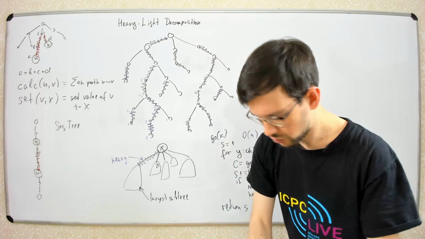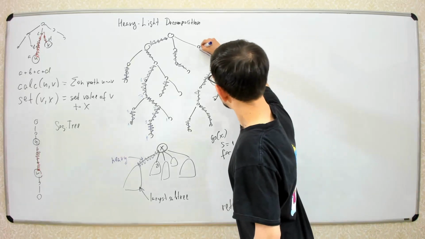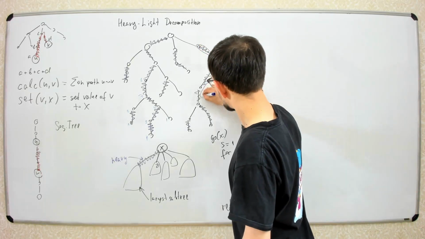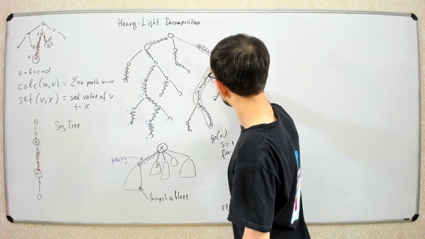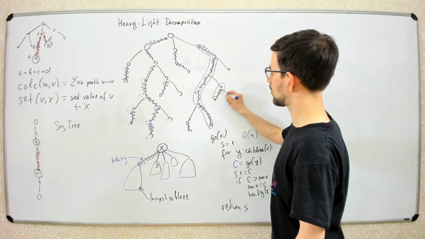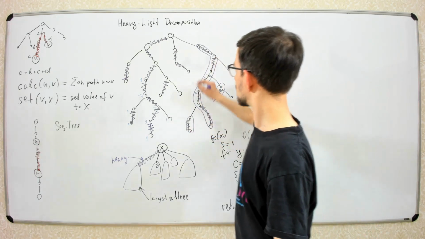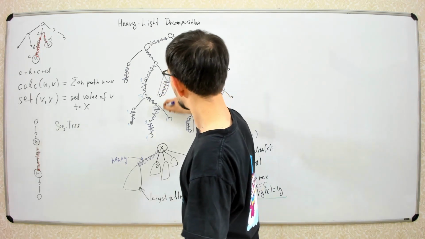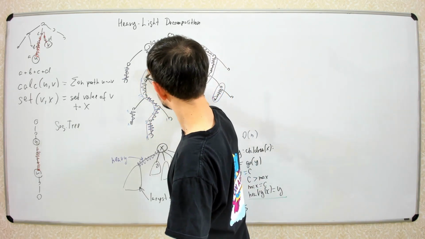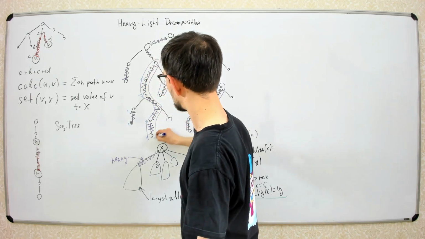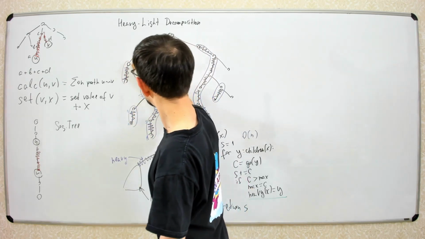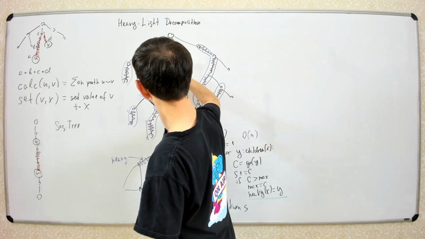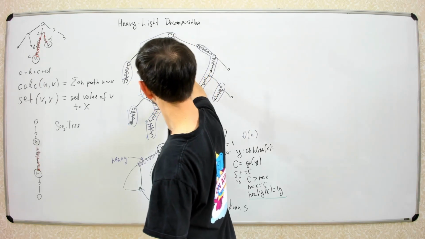Let's draw these paths. So you have this heavy path. You have this small heavy path, this small heavy path, this heavy path, and this one. And also this one, and this one, and this one. Oh, no, not here. This one.